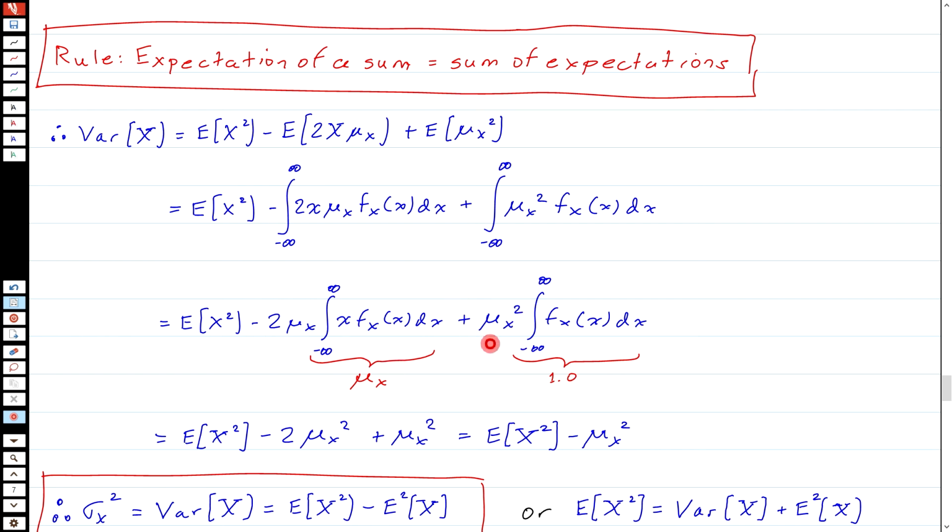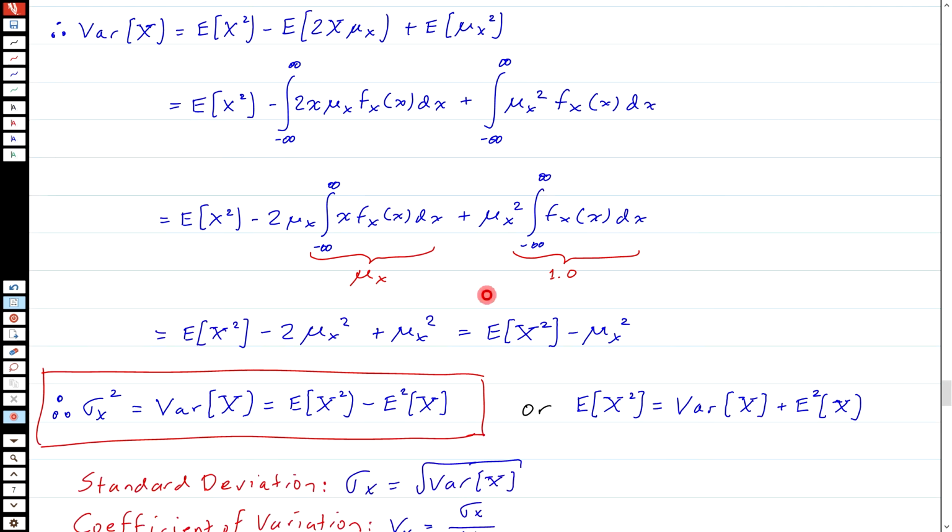And the last term, the constant mu of x squared, can come out front, and then I'm multiplying by this integral of f of x dx over the entire range. We know that the area under f of x has to be 1, so this thing is 1. So this boils down to being expected value of x squared minus 2 mu x squared, so there's mu x times mu x here, plus mu x squared.